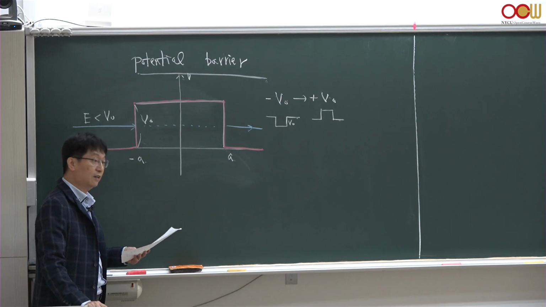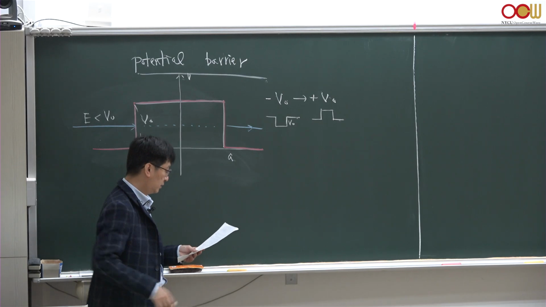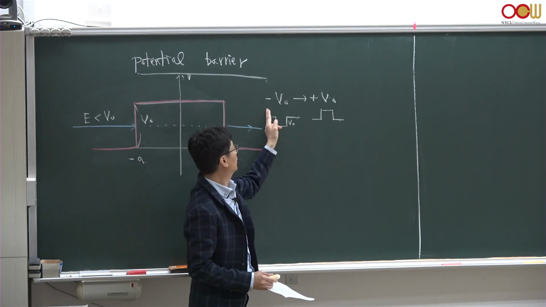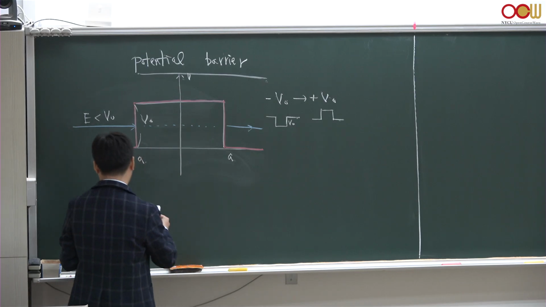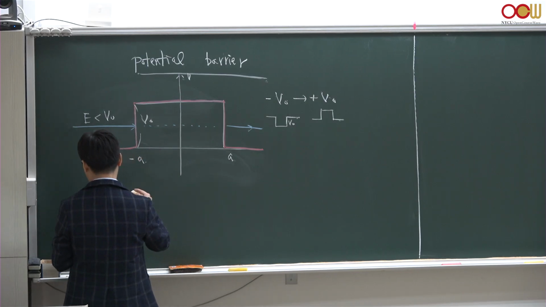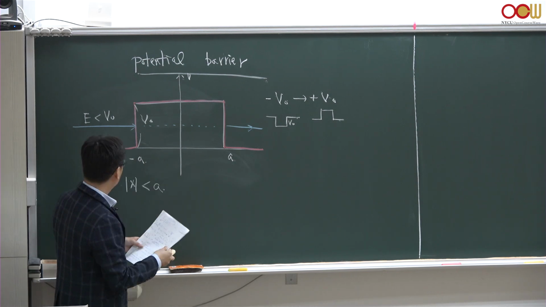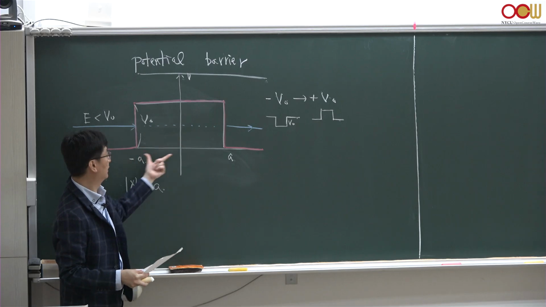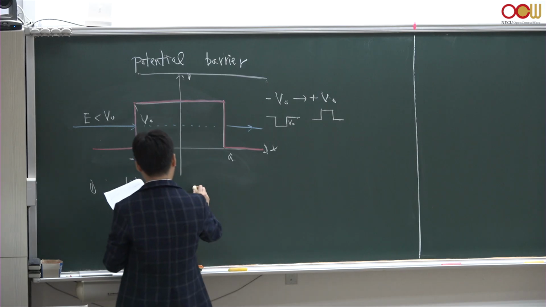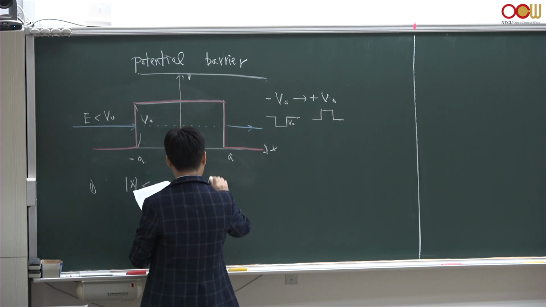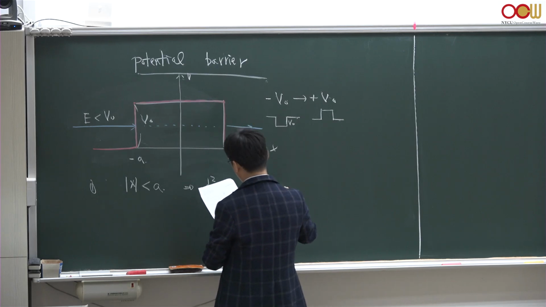We can simply take advantage of what we already know from the potential well problem, make this conversion between minus V0 and plus V0, and then you get the solution for this potential barrier problem. So let's look at these two different cases. One is when you are inside this barrier, in between plus and minus a of x, and you can easily find the equation inside this barrier, in between plus and minus a.